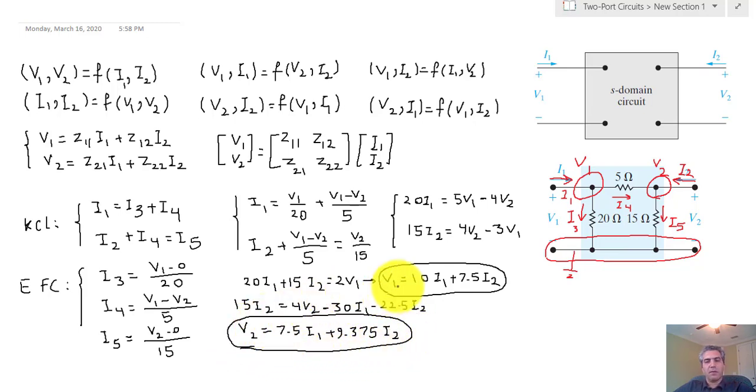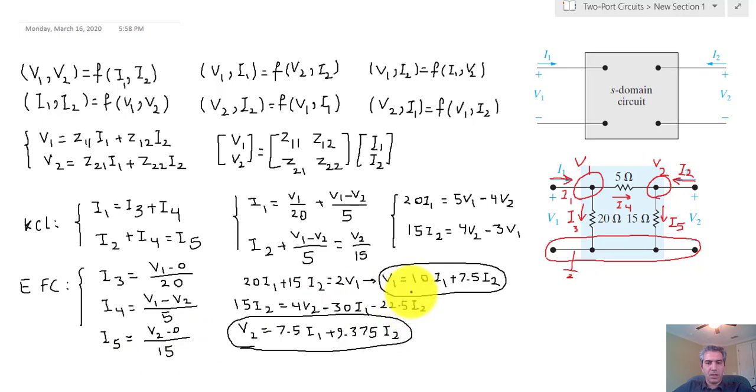Again, if you have a calculator where you can actually put in these equations, then you can ask the calculator to basically choose 2 out of these 4 parameters as your knowns and find them as a function of the other 2, and you don't have to do any math, but if you do want to do math, this is how you do it.